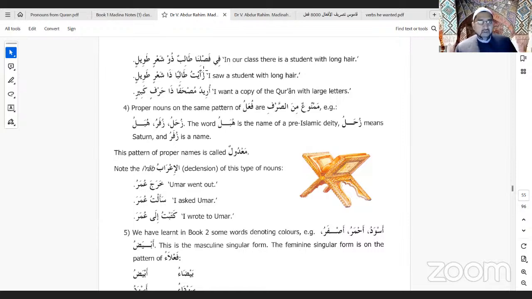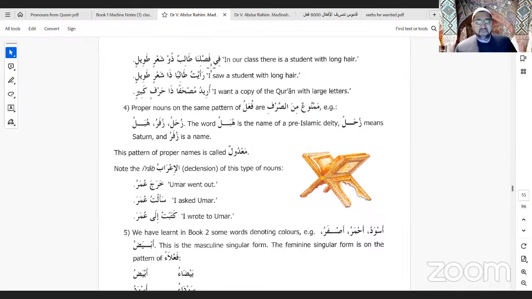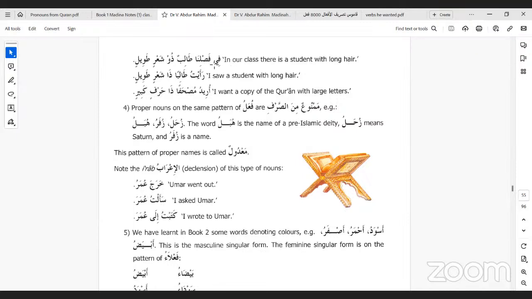Let me just say something else. So what's happened here? The sentence is starting with fi faslina, correct? And as you know, what is fi? Harf jar, correct, because the mubtada is not definite. Exactly. So fi faslina is jar and majroor.